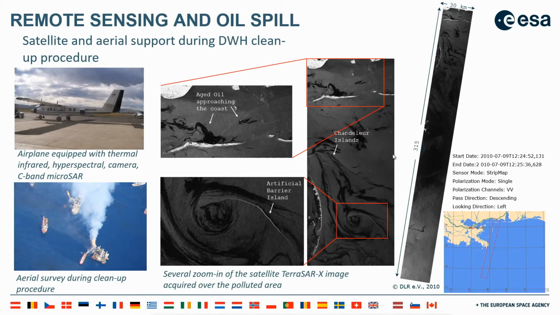You see, for example, in this zoom, the pollution control agency tried to fight against the oil moving towards the coast, creating this artificial barrier. But the accident was so large that they could not actually prevent the aged oil from approaching the coast. So that is mostly what you can do with remote sensing.